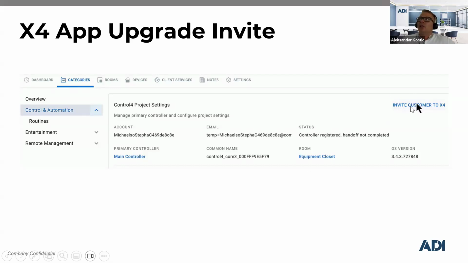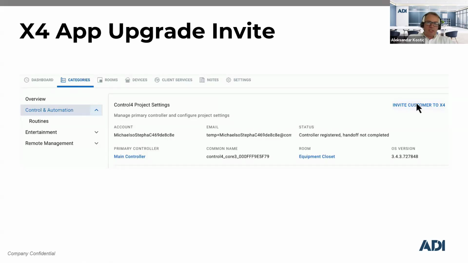First, you have to click invite customer to X4, and the end customer will receive an email where they are informed that their system is eligible to be upgraded to X4. End customers then have a link to the OS3 app from where they can confirm the X4 update with the button request update. When the end customer clicks that button, you have the option unlocked to start the update to X4.